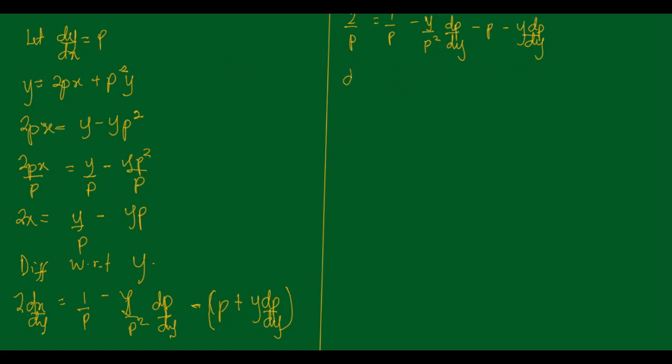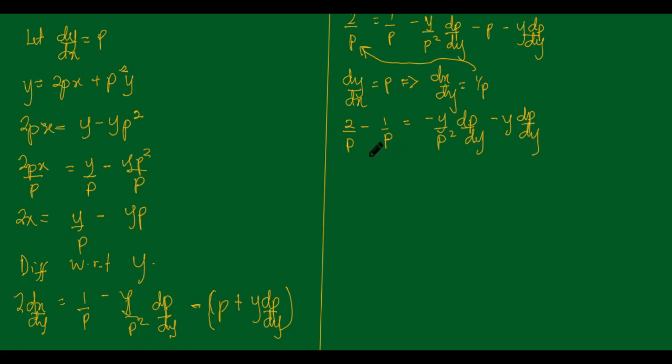So recall that dy dx is equal to p. So we have that dx dy is equal to 1 over p, and that's why we had this here to be 2 over p. So we can now collect like terms. 2 over p minus 1 over p will be equal to minus y divided by p squared dp dy minus p minus y dp dy.